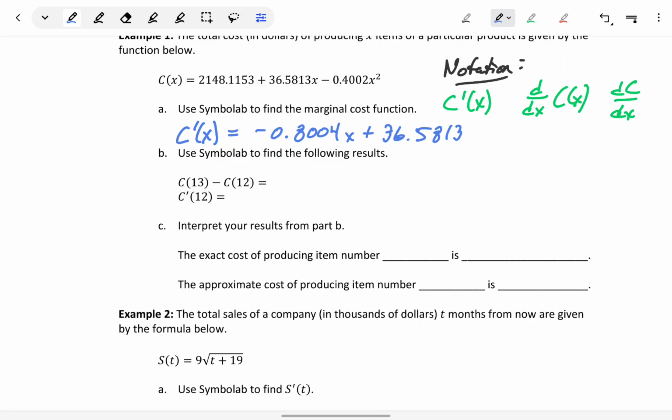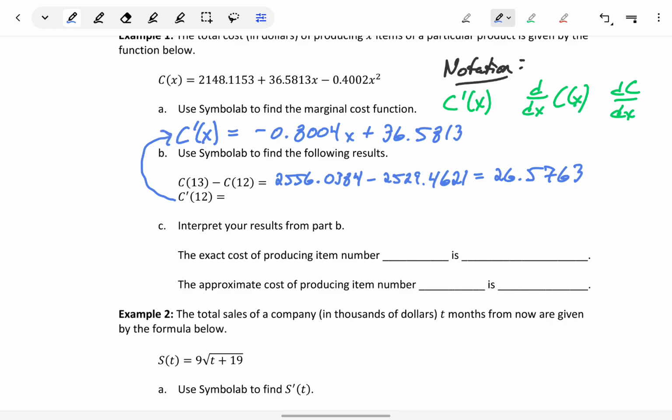So we would plug those into c of x, that original function, and we would generate 2,556.0384 minus 2,529.4621. And then subtracting those two results would give us 26.5763.